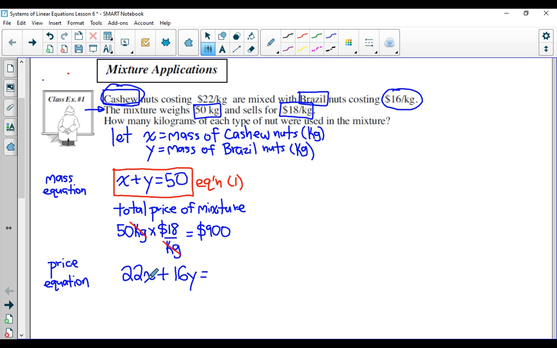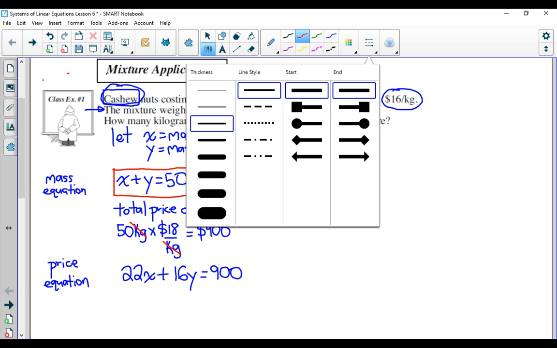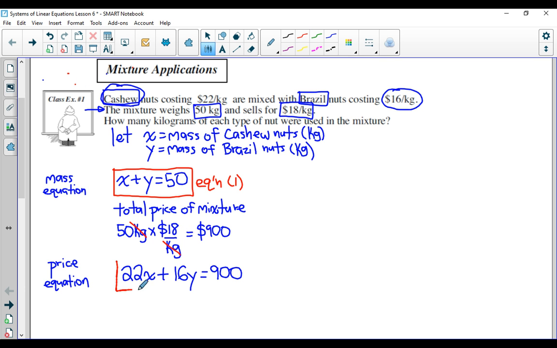If you take the mass of the cashew nuts and multiply by the unit price of the cashew nuts, add the mass of the Brazil nuts multiplied by the unit price of the Brazil nuts, that's going to be equal to 900. And that's my second equation. So it's equation number 2.